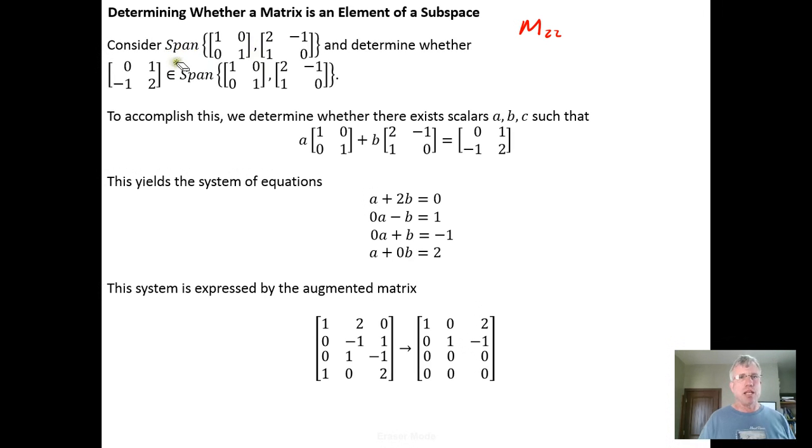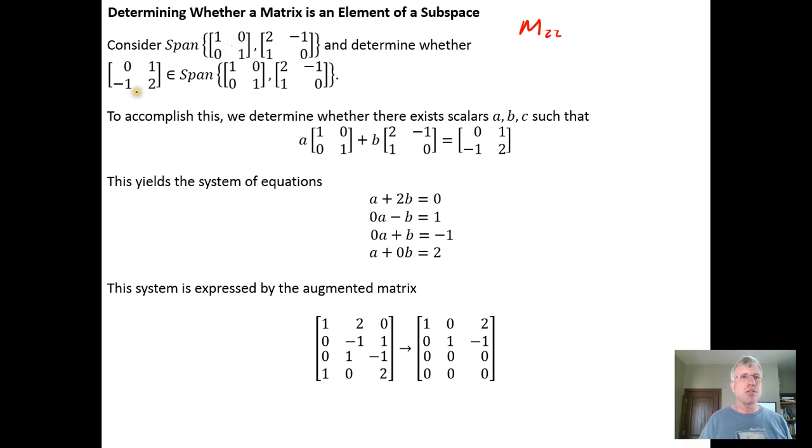So that's what we're talking about here. The span of these two matrices is just the vector space formed by them, the set of all linear combinations of these two matrices. All linear combinations of these two matrices drawn from M22 form a subspace.